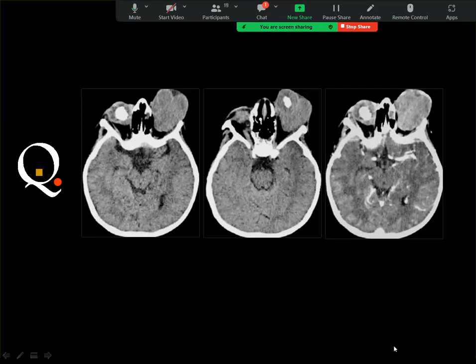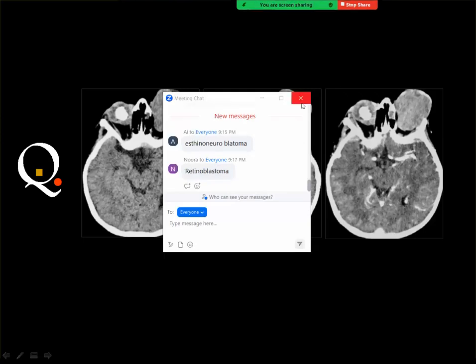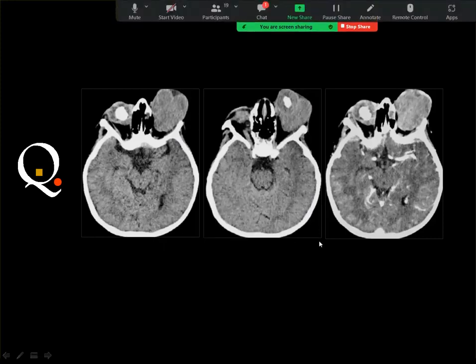Next case is a child with a CT scan of the brain and orbit before and after contrast injection. Yes, which side? Retinoblastoma. Which side? Bilateral retinoblastoma. Yes, this is bilateral retinoblastoma.